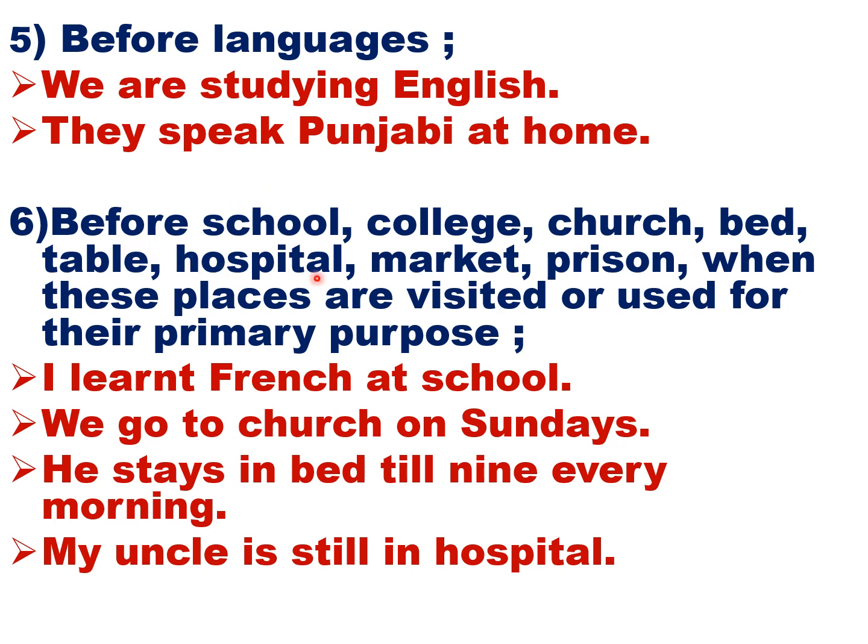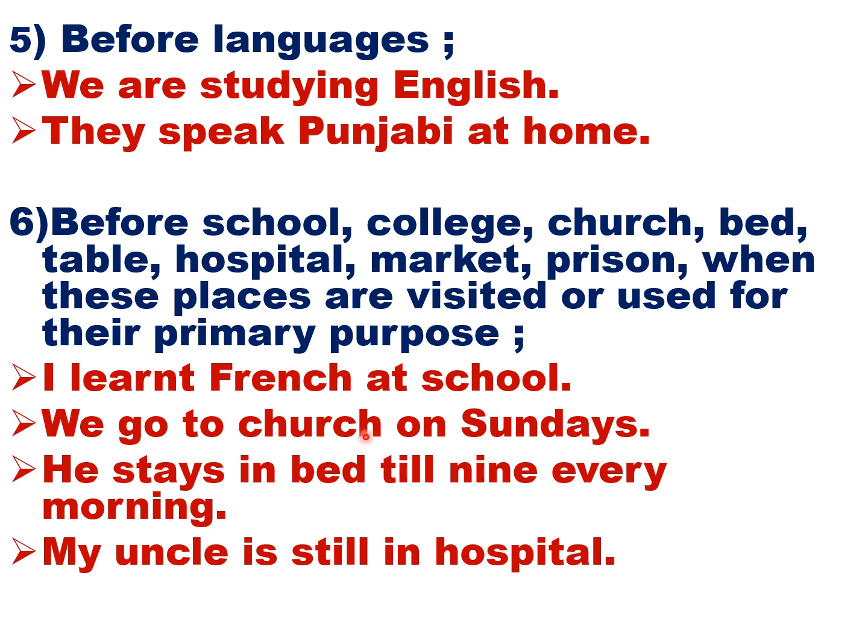We can omit the articles before some words when used for their primary purposes. So we can omit the article before school, college, church, bed, table, hospital, market, prison, etc. Example, I learned French at school.